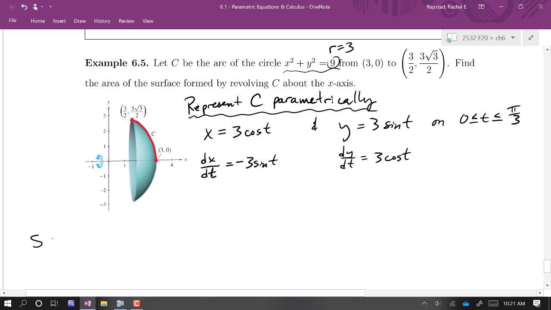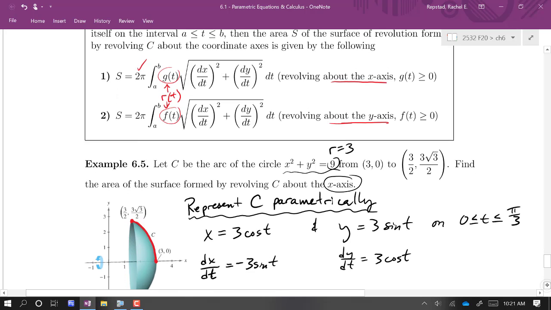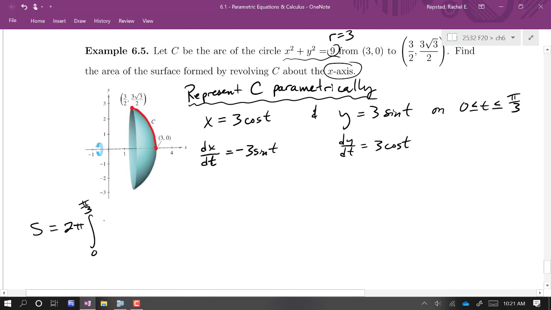Let's set up our integral. So we have 2 pi times the integral from 0 to pi over 3. Now we're revolving about the x-axis, and if we're revolving about the x-axis, it's the y function that is going to be our radius. So that's 3 sine t, times the square root of the sum of the squares of the derivatives.